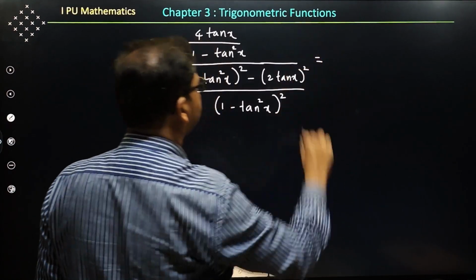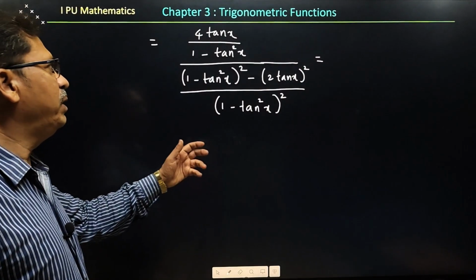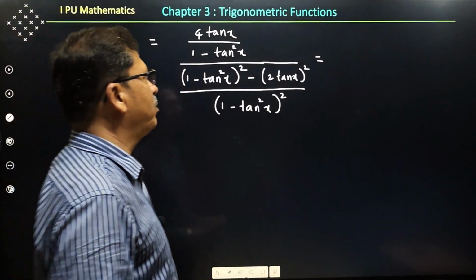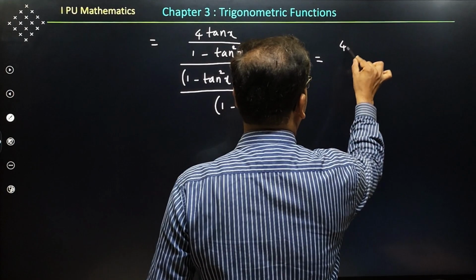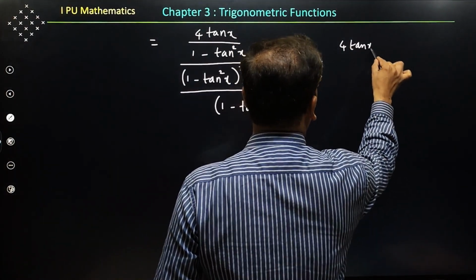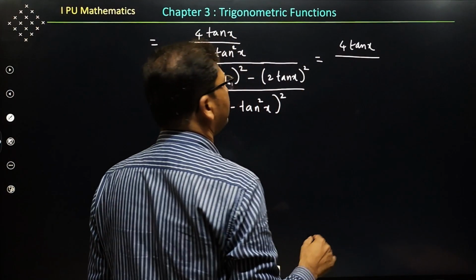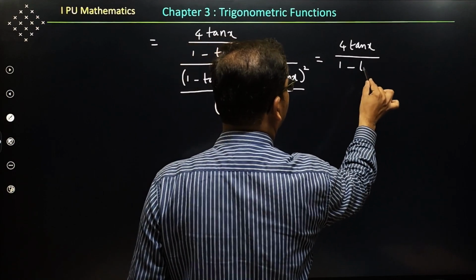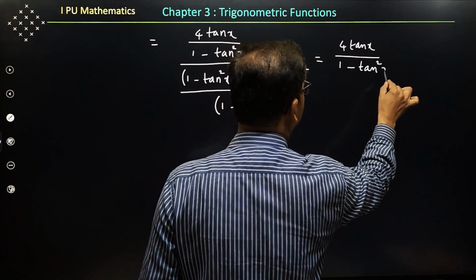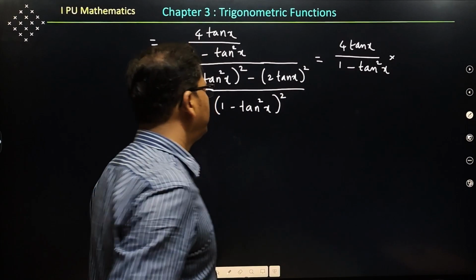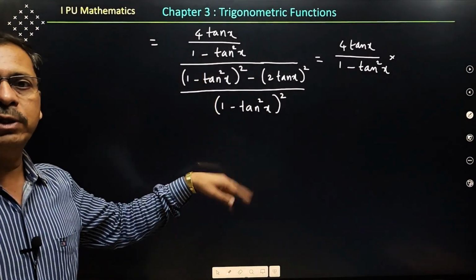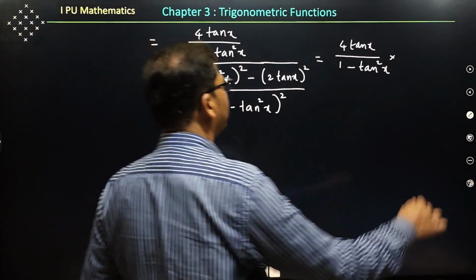So let us simplify this. The simplification is a little bit tricky, please concentrate properly. 4 tan x divided by 1 minus tan square x, and 1 minus tan square x to the power 2 you take to the numerator.